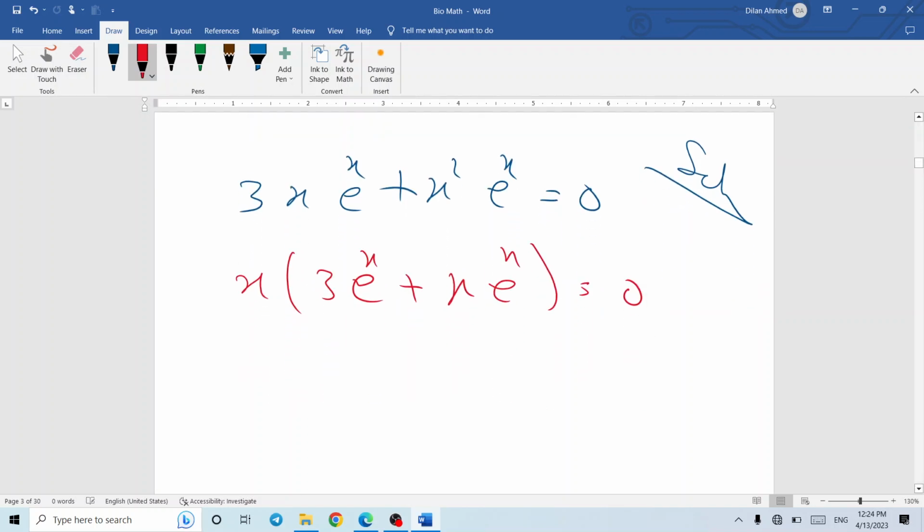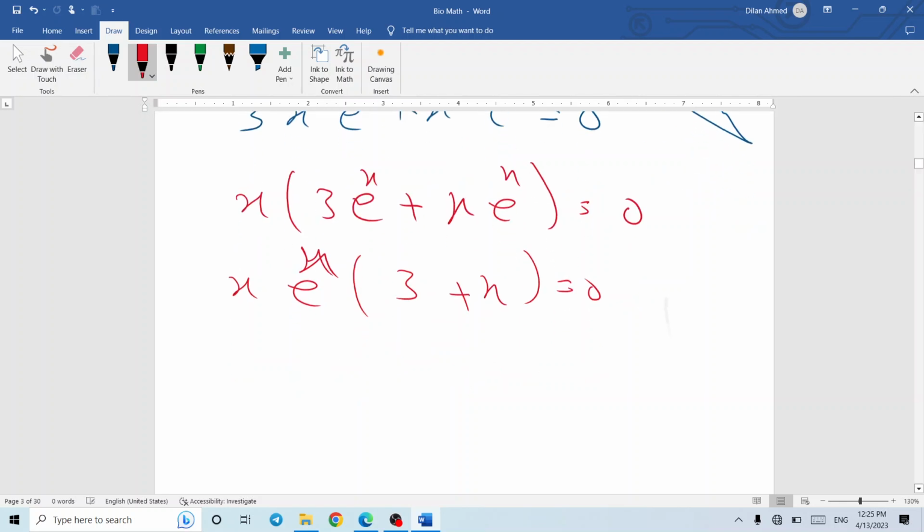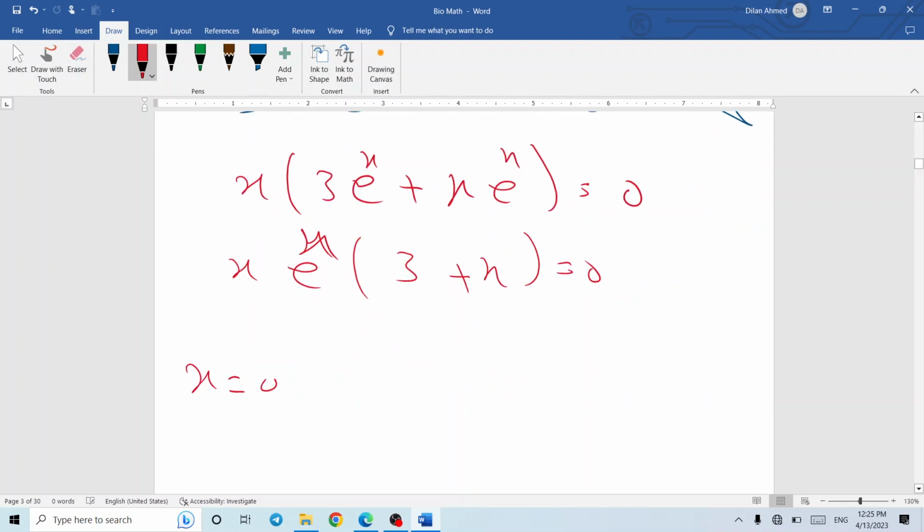That's clear, right? Now, second step. Tamam? Now, maybe x equal to 0 or x plus 3 equal to 0 or e to power x equal to 0, am I right? I have 3 brackets. Tamam?